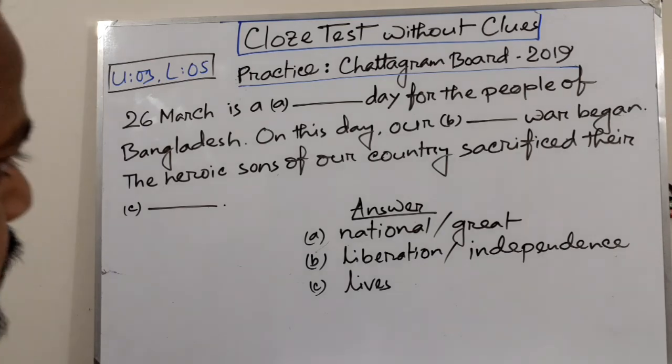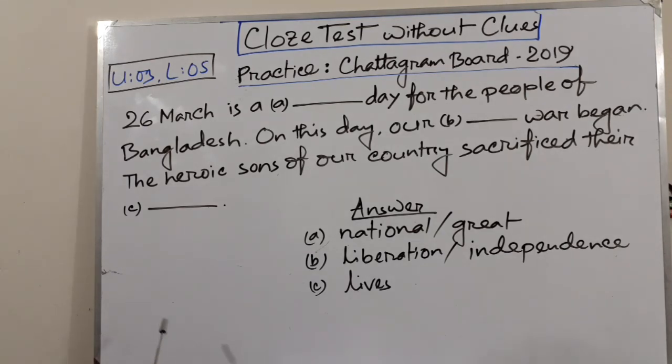Here we see that the word lives is applicable, because all of us know that our heroes sacrificed their lives. Here the word lives is the plural form of life, because there is a plural subject, that's why the noun should be in the plural number.